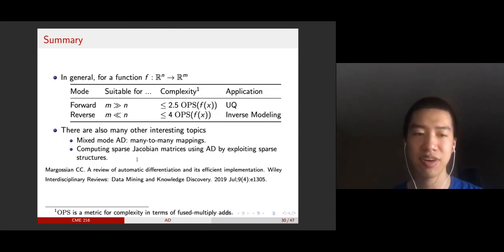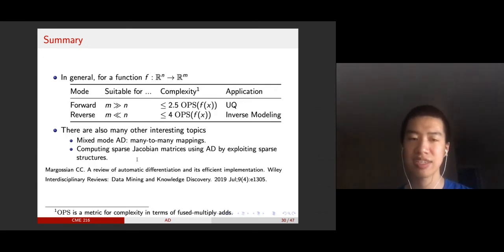Another very interesting topic is computing sparse Jacobian matrices using AD. Because the Jacobian is nearly everywhere in scientific and engineering problems, you want to use the Jacobian to solve nonlinear equations or to do sensitivity analysis.